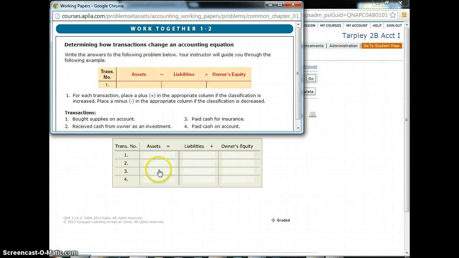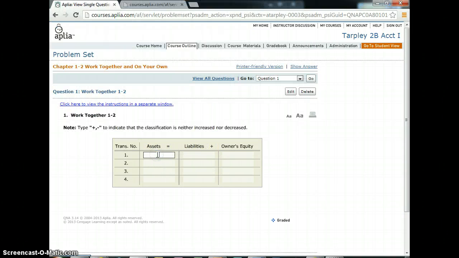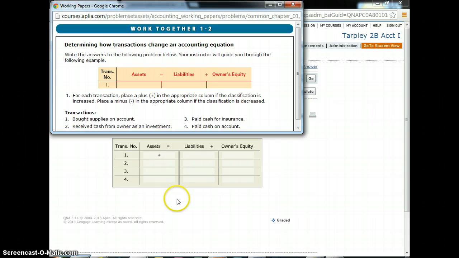Okay, so when we're looking at our equation, remember, we're just looking at plus and minuses. We're just looking at keeping it in balance. So bought supplies on account, let's do it one at a time. Supplies is an asset. So I know if I'm increasing that side, then when I go in and look at my instructions, sorry, I got to bounce back and forth. The other one is on account.